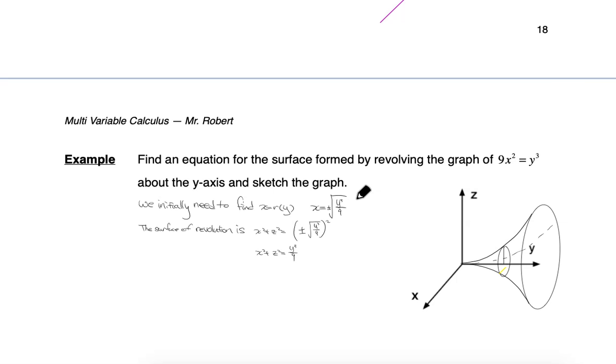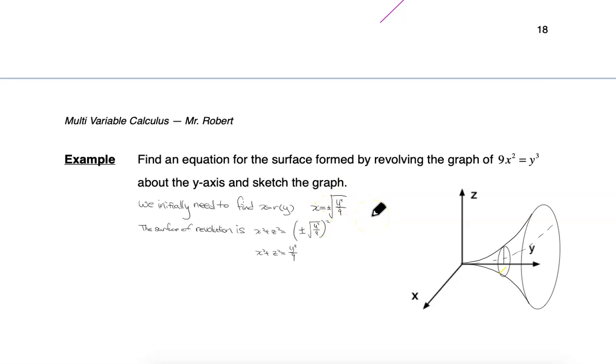I only care about the positive, because since I'm going to rotate this, it's going to include the negative part when I go behind the y-axis. So let's just say x equals the positive square root of y cubed over 9. This, in very light yellow here, is the radius of my circle. This salami slice has a radius of root y cubed over 9.